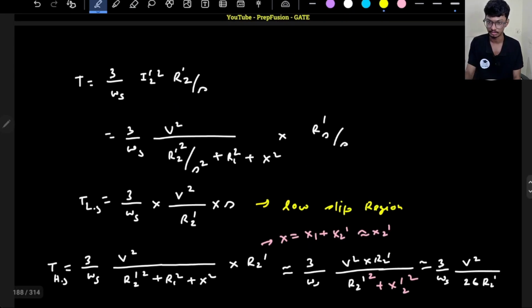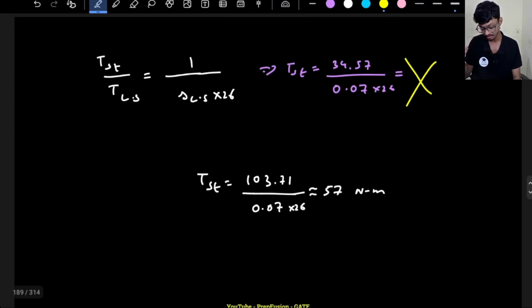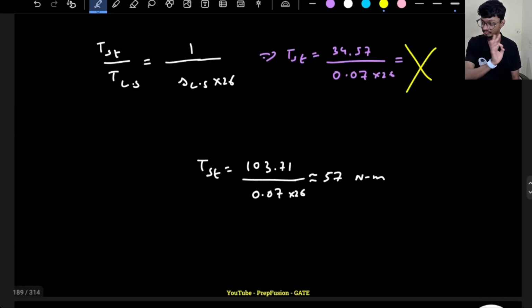Without using any formula, I have derived all the formulas, because other educators also will derive it. I have not told you to remember any formula except the maximum slip. That is the most important one, and I have told you how to remember it.